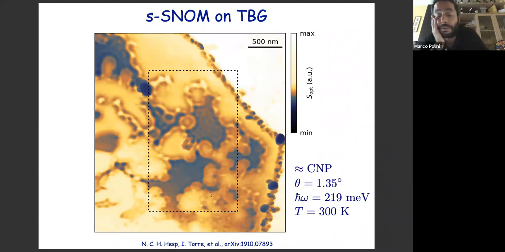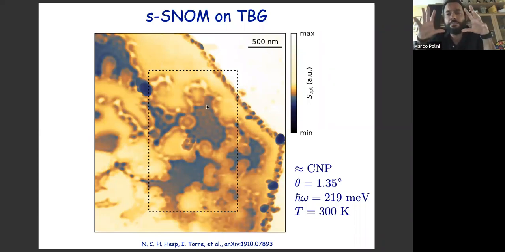These are ambient conditions experiments, so room temperature, close to charge neutrality, twist angle 1.35 degrees, and illumination wavelength of 219 milli-electron volt. You see this very inhomogeneous distribution of the optical signal, which I'm plotting in the color bar, and I'm sure Niels discussed the experimental details of these in great detail.